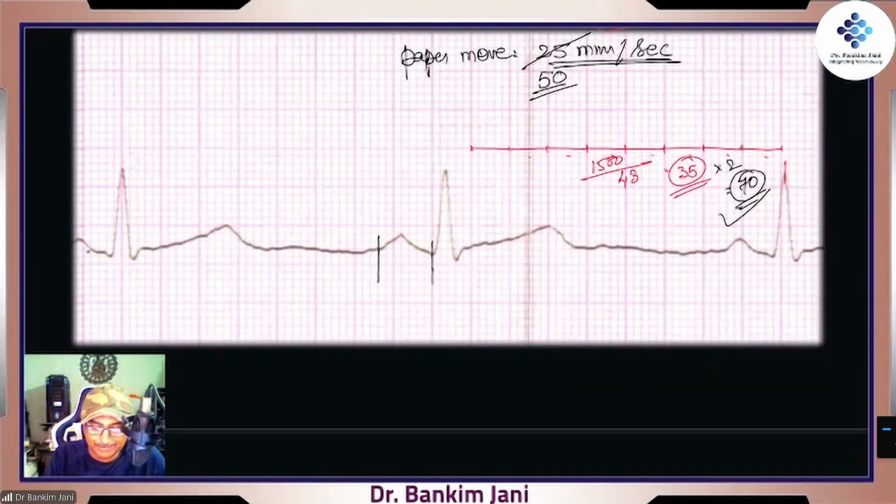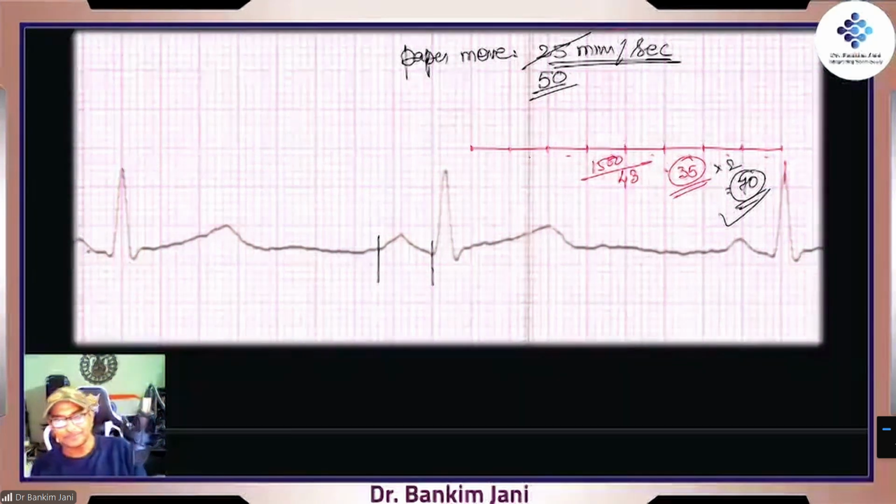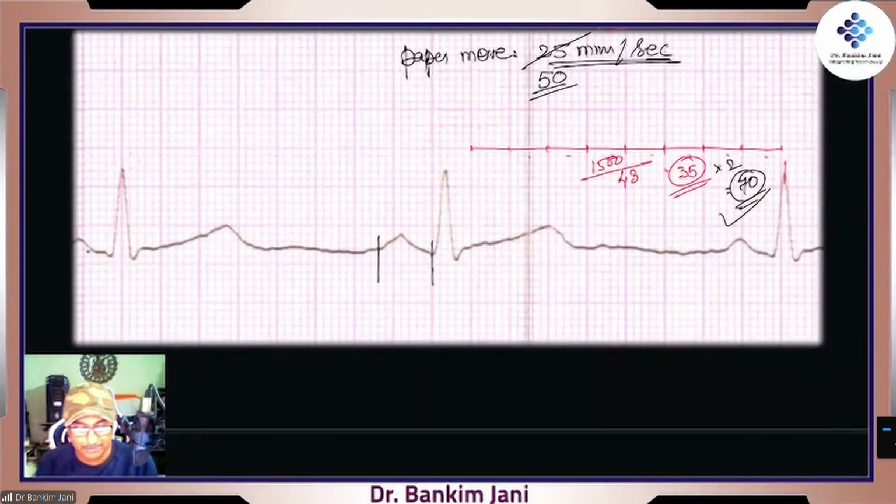Now do you know the reason for this? The paper was moving at a fast pace. But my question is: what would be the timing, how many milliseconds? We calculated the pace at which paper moves. Paper moves at the speed of 25 millimeters per second.